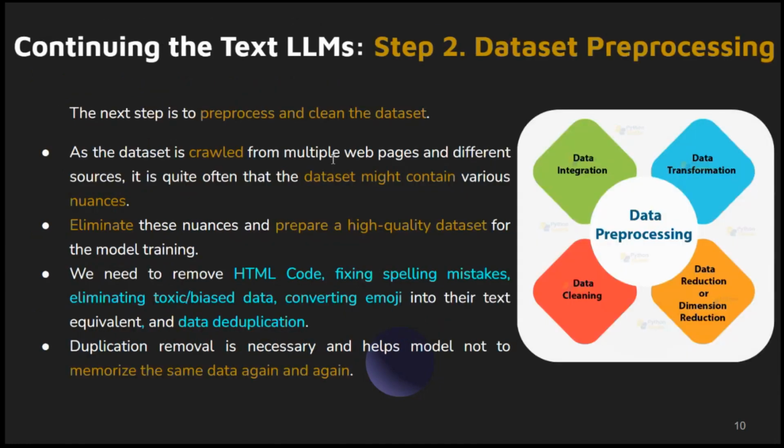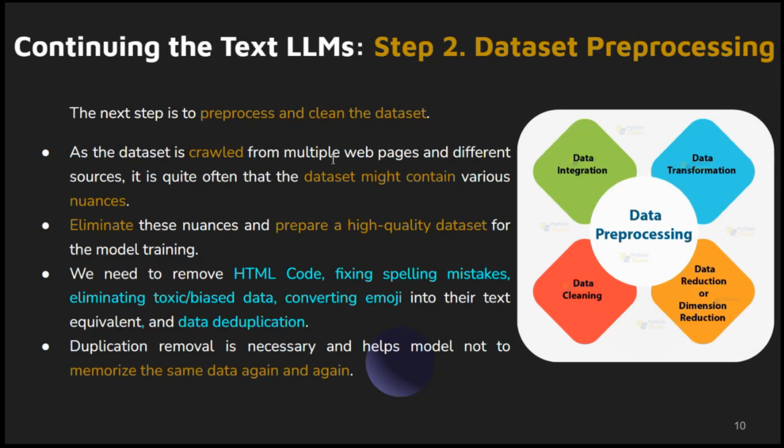All right, after the data collection process is completed, now it's time for some cleaning up. The dataset you gathered might be a bit messy, coming from all over the web, all over the world. Your job is to scrub away HTML, fix spelling mistakes, kick out the toxic stuff, and even translate emojis into words.